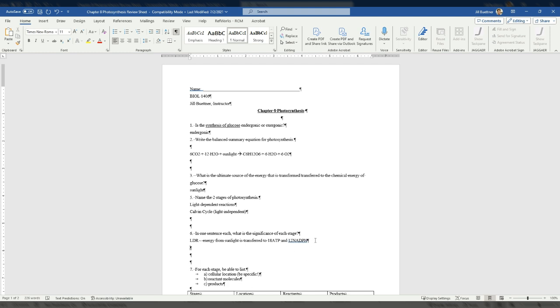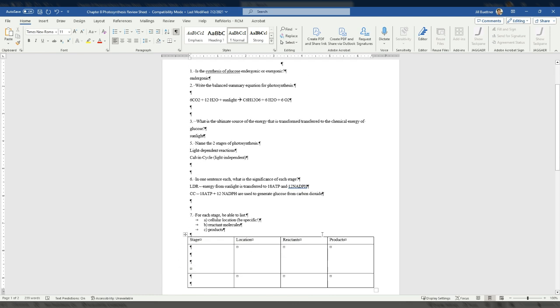And then in the Calvin cycle, the 18 ATP and 12 NADPH are used, the reactants, to generate glucose from carbon dioxide.